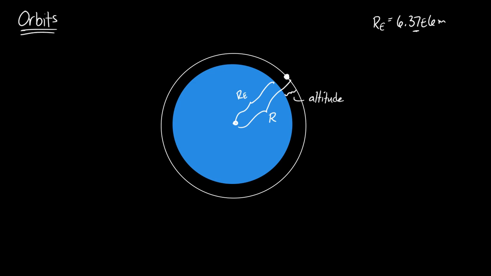First, to calculate an orbit, you have to understand that this is still an object traveling in a circular path. It has some kind of tangential velocity. In order to be in an orbit, you have to give an object the right balance of velocity, radius, and force.